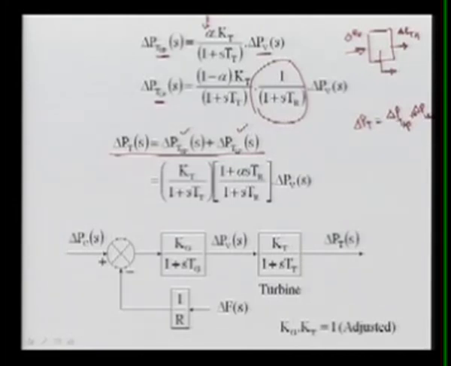If you add and then simplify, you will find that KT over 1 plus ST is common, and we can take it out, and then what we get is alpha plus 1 minus alpha over 1 plus STR, and this simplifies to give this expression.